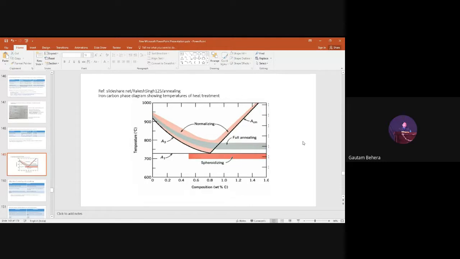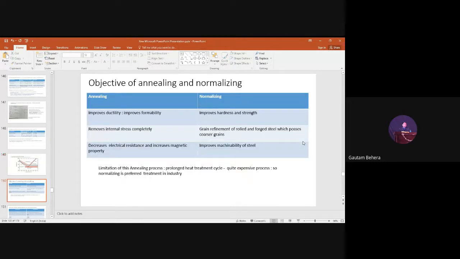Okay, so now I will discuss the objectives of annealing and normalizing. The first objective, you can see, is improved ductility and improved formability, right? Can anybody tell me why ductility or formability will be high when we are doing annealing?